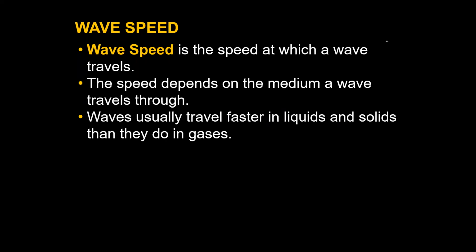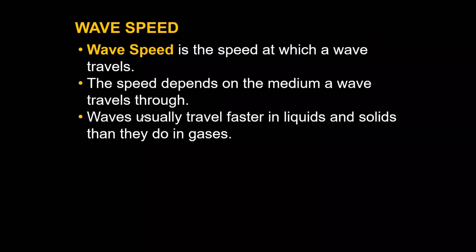And maybe a note here, we can say that waves usually travel faster in liquids and in solids than they do in gases. Can someone give me a reason as to why? Let's use sound, for example. Any explanation for this?